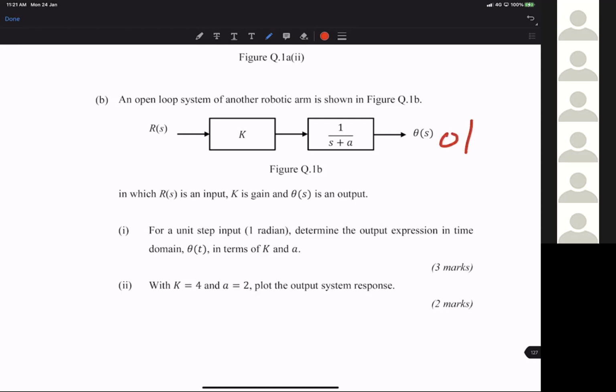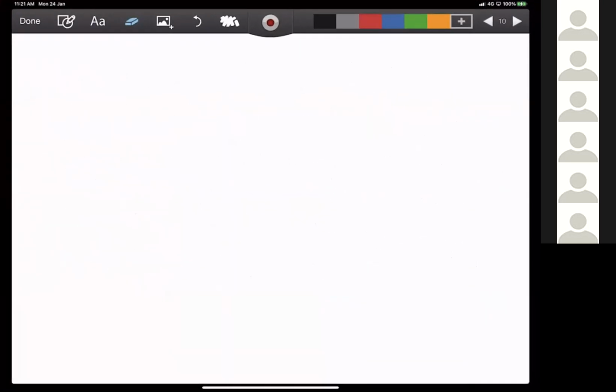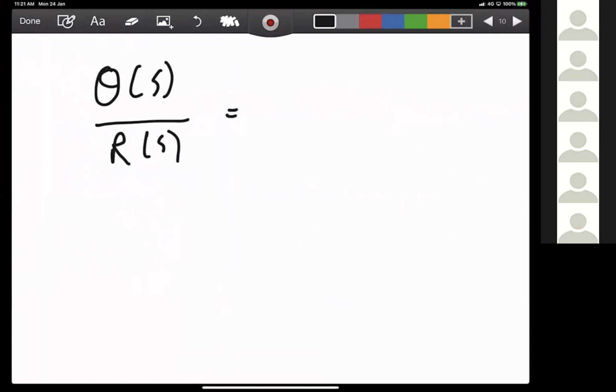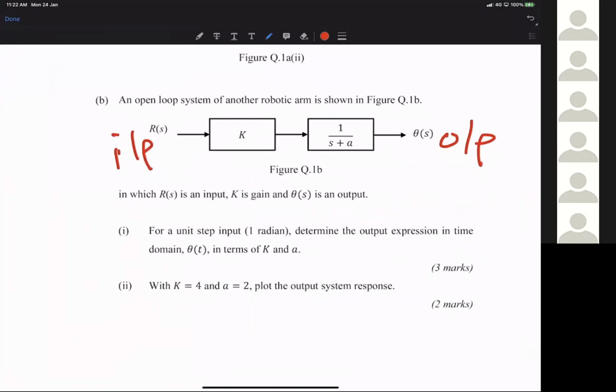So this is the output, this is the input. Can you see what I wrote? Hidayah, can you see? It's theta over R. It's cascaded, am I right?